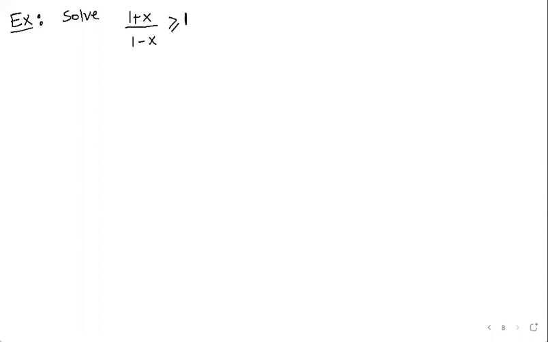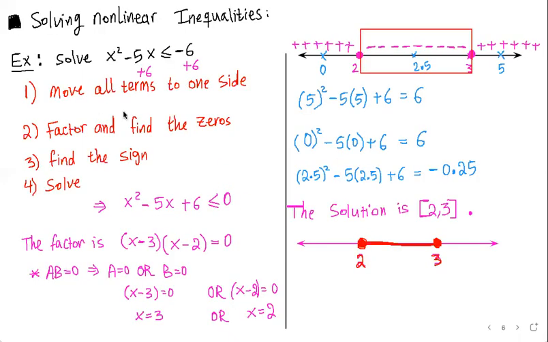How we can solve it? By using the steps. So go back to the steps: move all terms to one side, then factor, then find the sign, then solve.